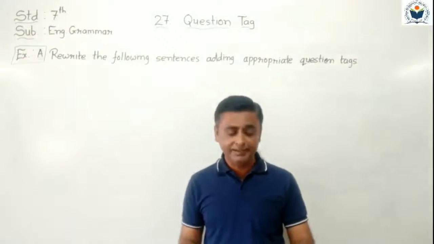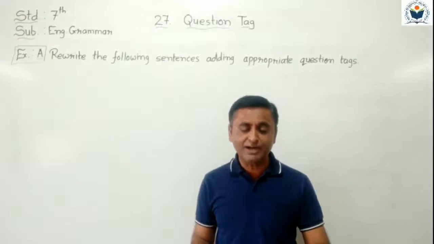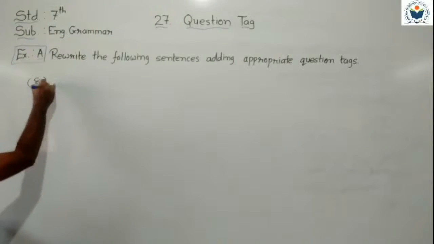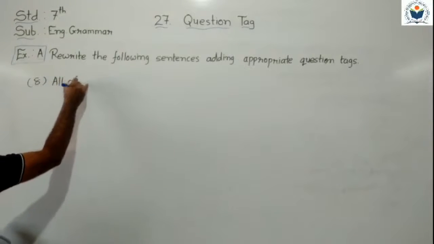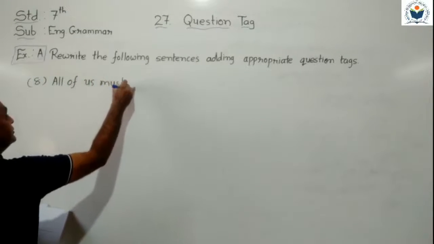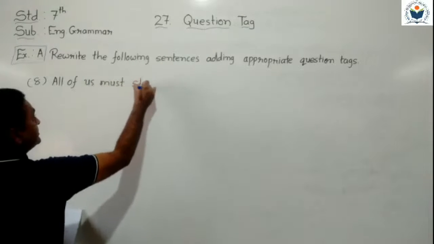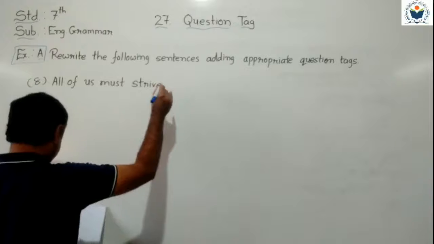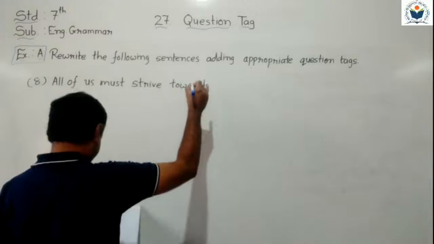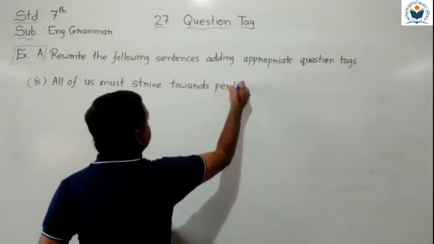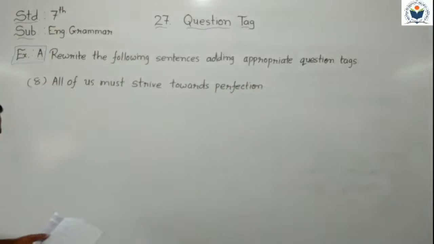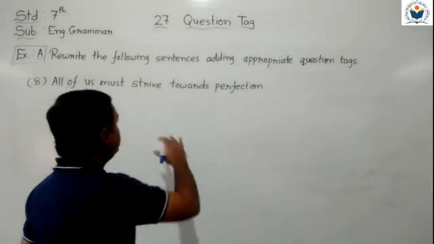Sentence number 8 we have to see. Sentence number 8 is given in your textbook: All of us must strive towards perfection. Here one sentence is given. All of us must strive towards perfection. So you have to write it here.